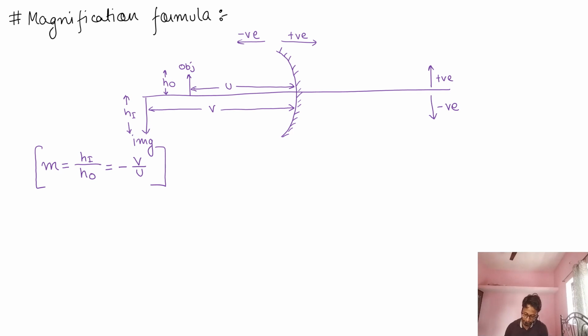Upward is positive and downward is negative. That means if the value of u is positive, and the value of v comes to be minus, that means my image is situated downward. And if the value of v comes to be positive, that means my image is situated upwards. So while using magnification formula, assign the coordinate system of upward and downward also.